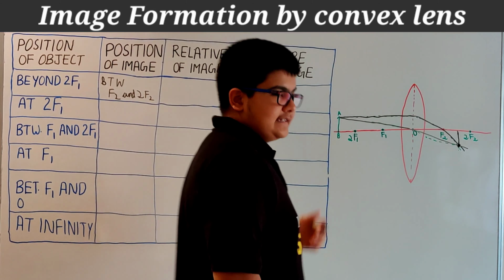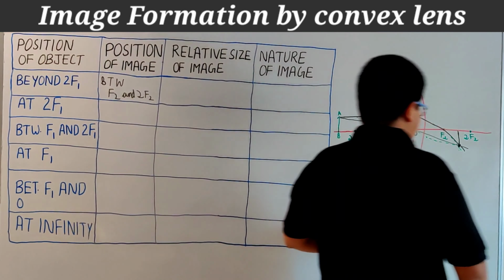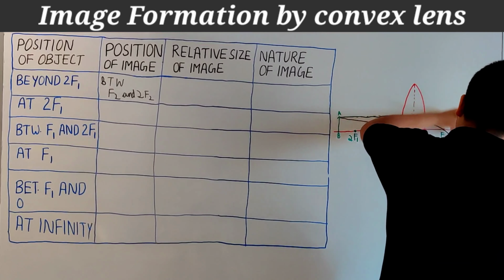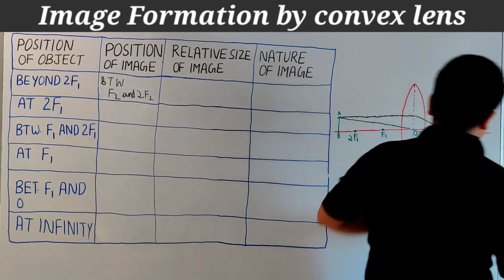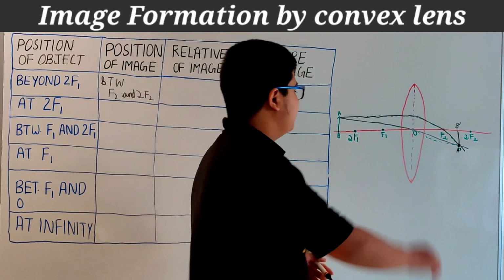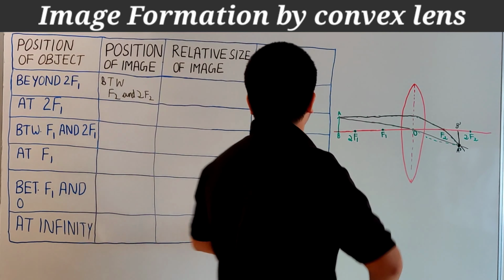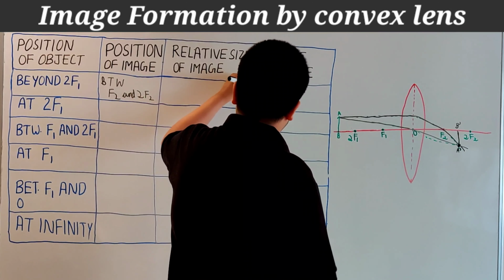And now let's see the nature of image. The image formed will be inverted. It will be like this. This B dash A dash is our image. This is because the image is formed below the principal axis, so due to this, the image will be inverted.